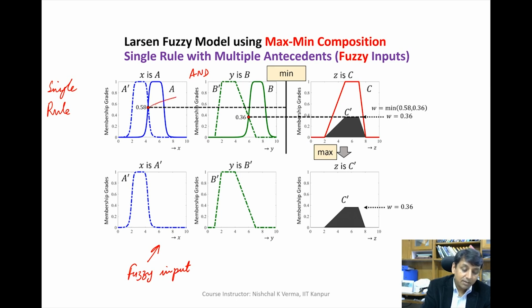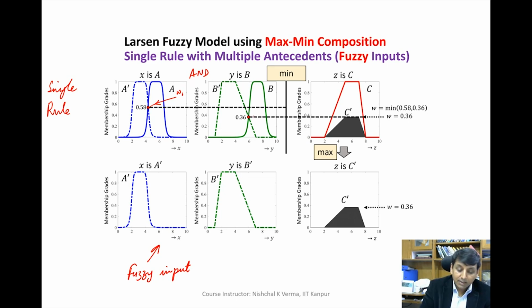we see that we get a point of intersection. Here we get only one point of intersection. As I mentioned earlier, we could get many points of intersection, and in those cases, if we get multiple points of intersection, we take the maximum of them. Since here we get only one, we call this W1.